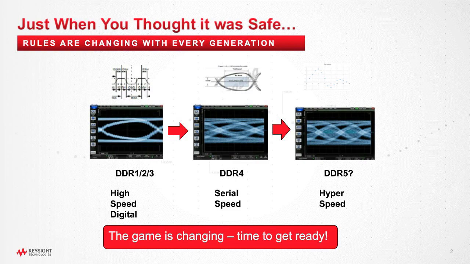And so for the first time in DDR4, you saw the spec change fundamentally from the way it had been written for the last 15 years, going into what I call the serial speed domain. You can see here, of course, the eye, as you go faster, gets smaller.